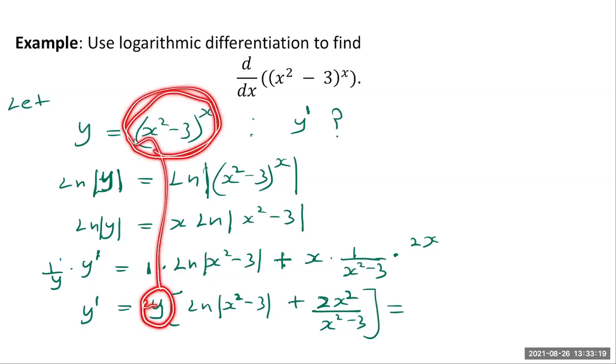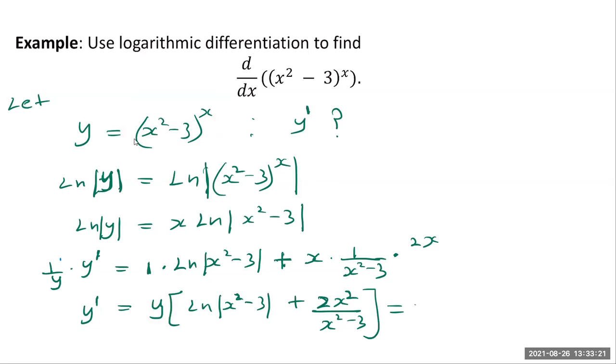This is your y. So you get x squared minus 3 to the power x times ln x squared minus 3 plus 2x squared divided by x squared minus 3. Okay, that is your derivative, y prime.